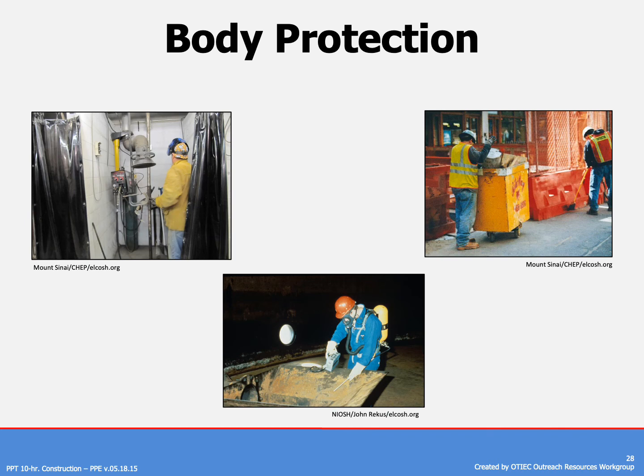It could be chemical or some other, all the way to very specialized body protection. All those are designed to protect you from a very particular hazard. Very important from the aspect of workplace assessment to identify that hazard that requires that body protection. Make sure that body protection is designed and capable of protecting you, fits properly, and so forth.